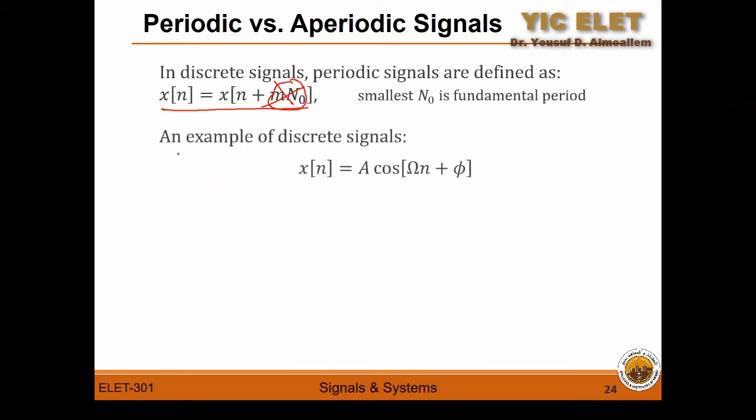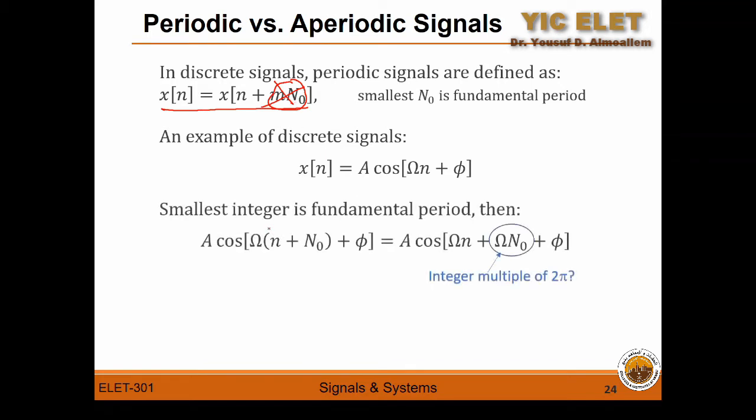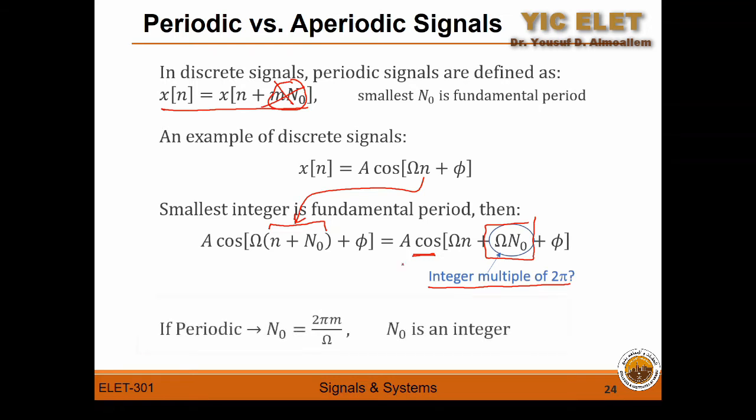If we remove the period addition here, multiple periods, then we will return back to the same value of the function. An example of a discrete signal is a cosine function, and if we apply this, we will take the n and replace it with n plus n naught, and we open these parentheses and come up with this value, which, if it is an integer multiple of 2 pi, which is the period of a cosine, then it will be an integer.